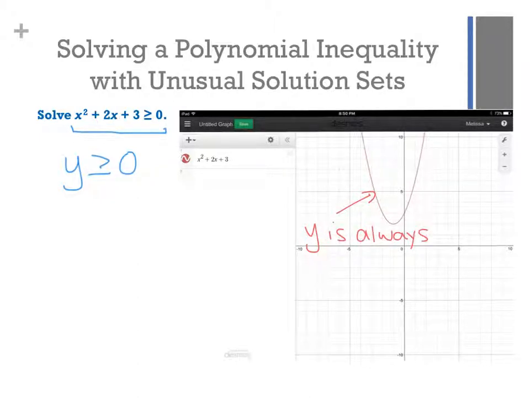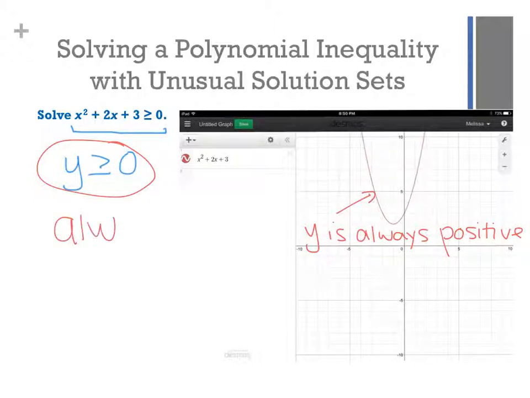Every single point has a positive y-coordinate. And since this function is always positive, and we are looking for which x values the y-coordinate is greater than or equal to 0, the answer to this is always. The y-coordinate is always greater than or equal to 0 for this function.